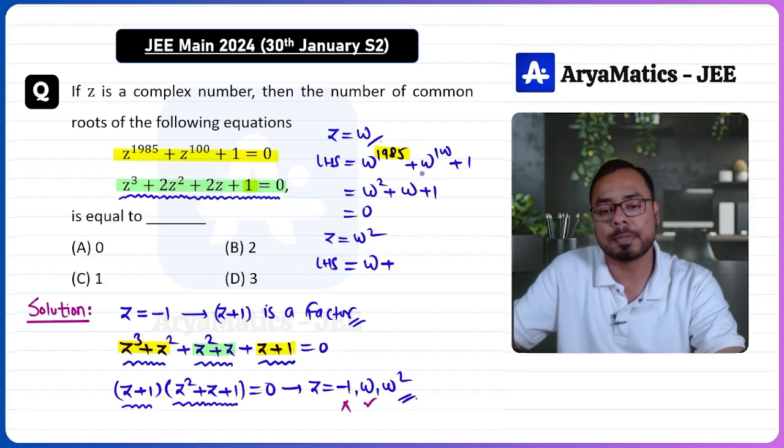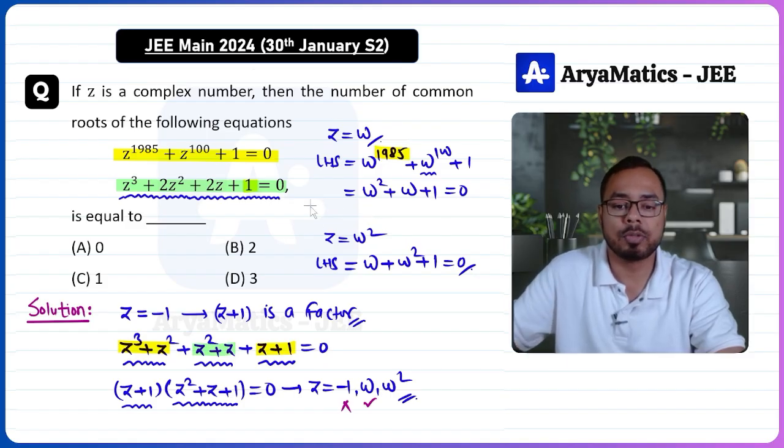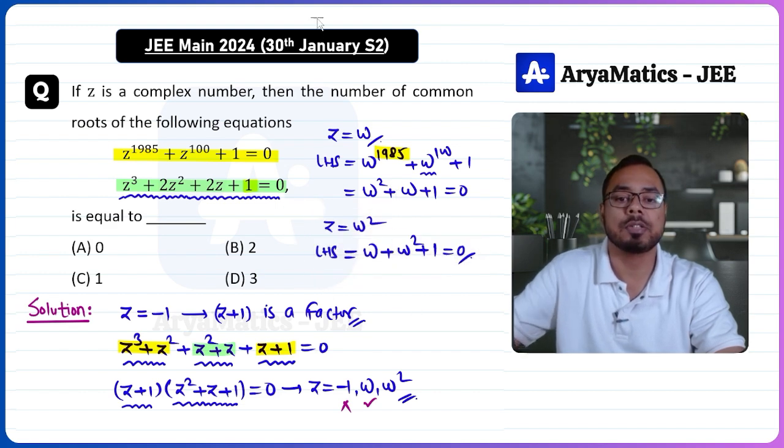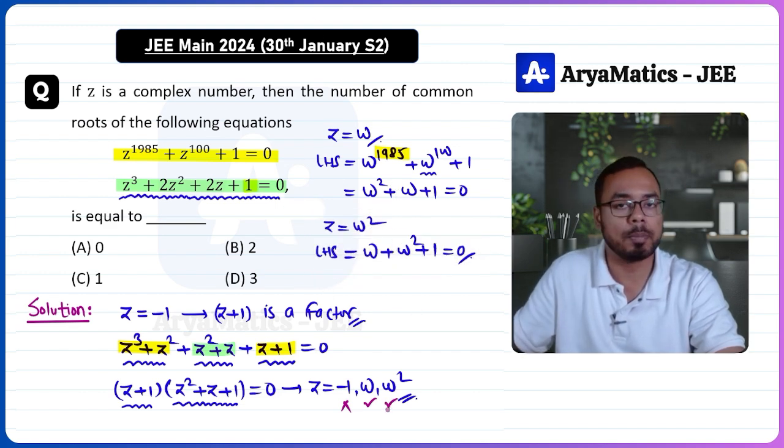And similarly the second term, omega square raised to 100, when you divide by 3, you will get omega square. 198 is a multiple of 3, so this will become omega square plus 1, which is again 0. So as you can see, z equals omega and omega square, both of these numbers will satisfy the first equation also. So therefore this is also a common root, right?